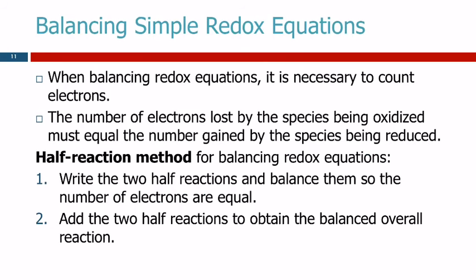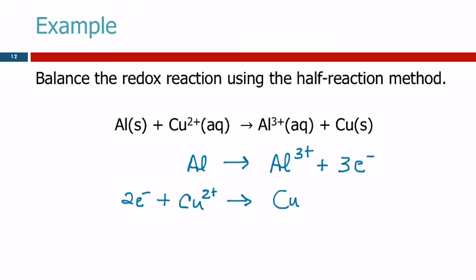What it says here in the directions is balance them so the number of electrons are equal. Are my numbers of electrons equal? No, they're not. I need to make them the same. So I'm going to multiply. If I multiply this by 2, I'll get 6.